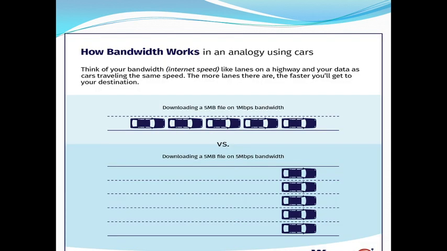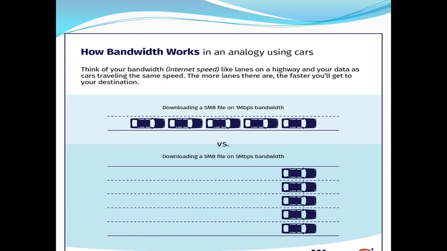Now, let's take an example of cars going through several lanes on a highway. Think of your internet speed as bandwidth. It is like lanes on a highway, and your data are cars traveling at the same speed.